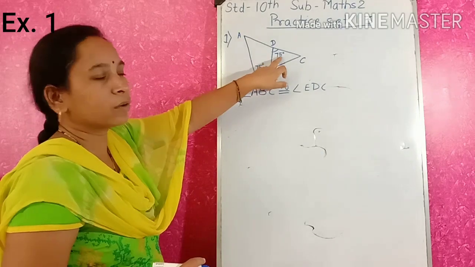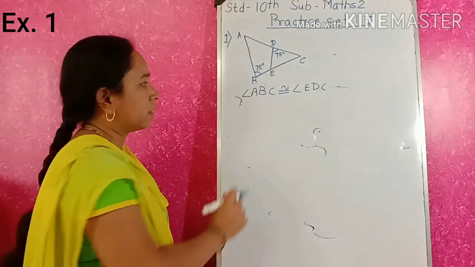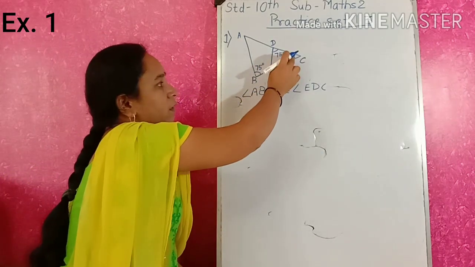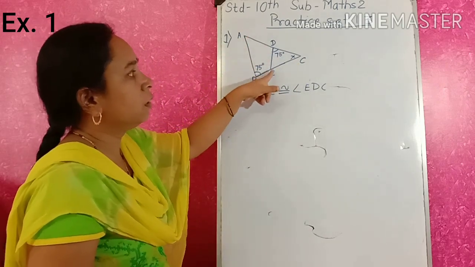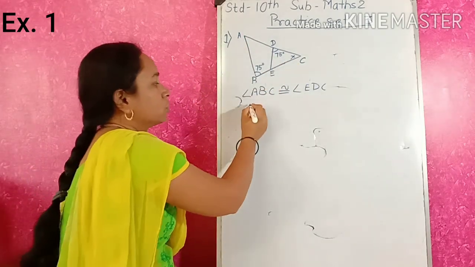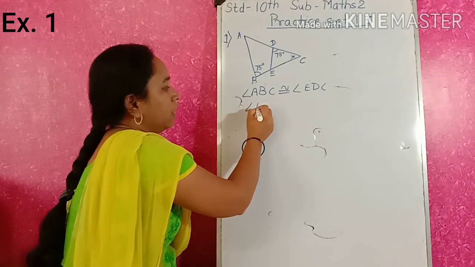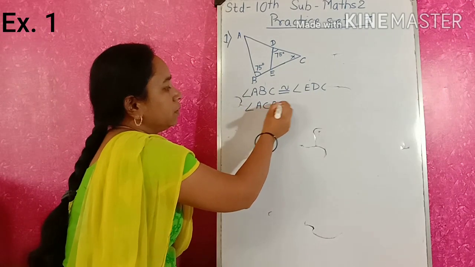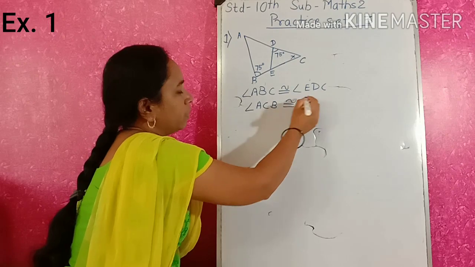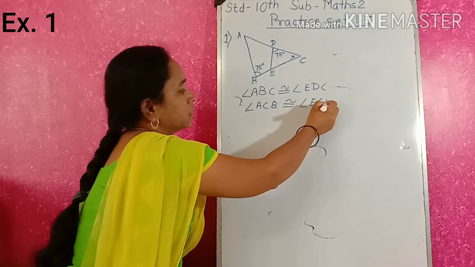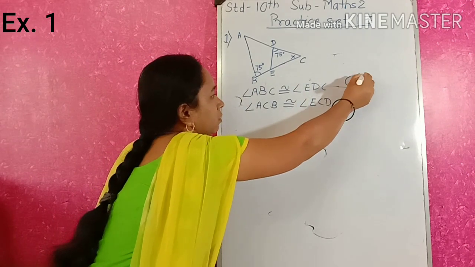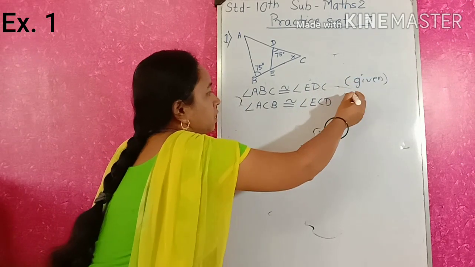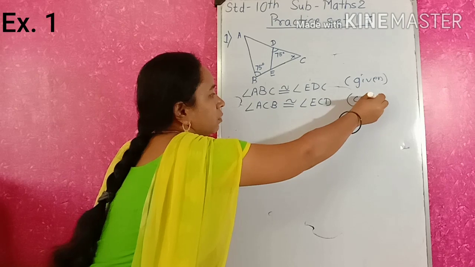So angle B is congruent with angle D. And you can observe this angle C is common for triangle ABC and triangle EDC. So angle ACB is congruent with angle ECD. The reason: angle B and D is given, and angle C is a common angle.